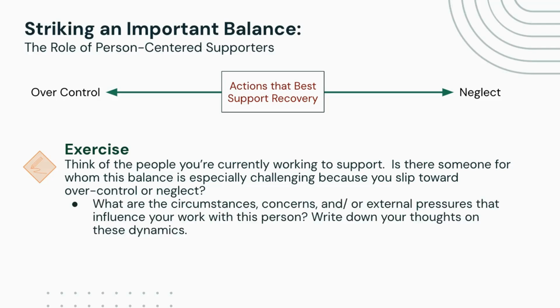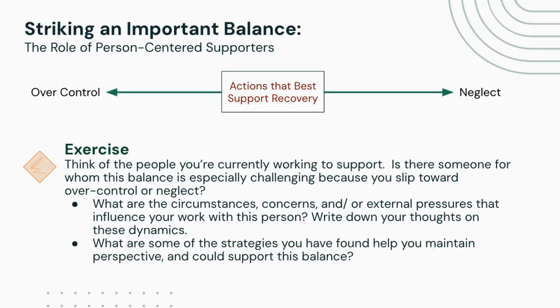What are the circumstances, concerns, or external pressures that influence your work with this person? Write down your thoughts on these dynamics. You can pause the video if that's helpful to you. What are some of the strategies you have found to help you maintain perspective and could support this balance?